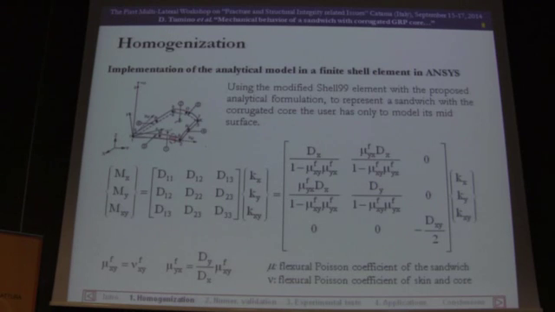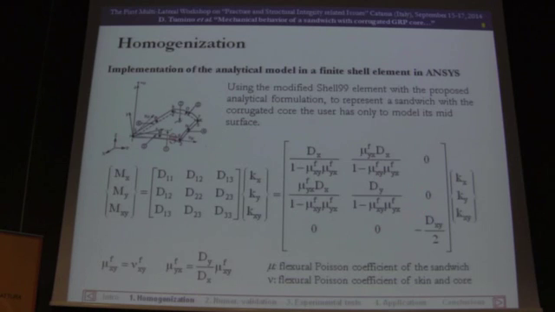After we obtained the previous equations, we implemented this analytical model in the SHELL99 element given by ANSYS, and this is the final stiffness matrix, where you see that those terms are functions of the previously obtained Dx, Dy and Dxy.